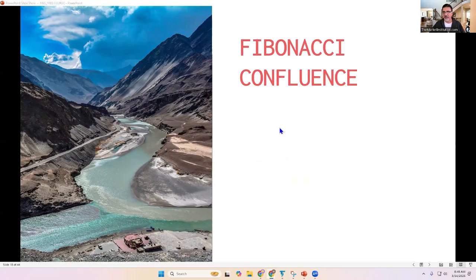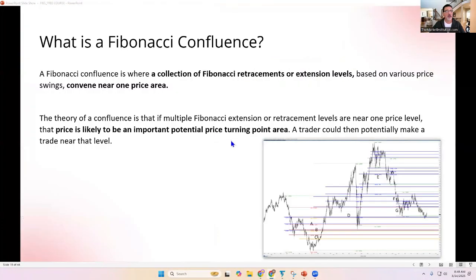Fibonacci confluences are also a very big part of understanding where multiple time frame analysis, and multiple traders pulling Fibonacci levels from different swings, would align and overlap. A Fibonacci confluence is where we get a collection of Fibonacci retracements or extensions on various price swings, meaning we have several different folks looking at the same chart.